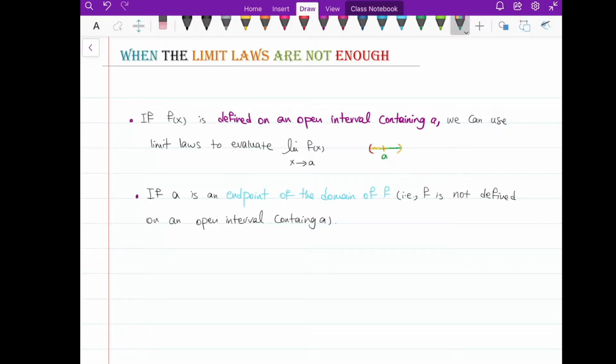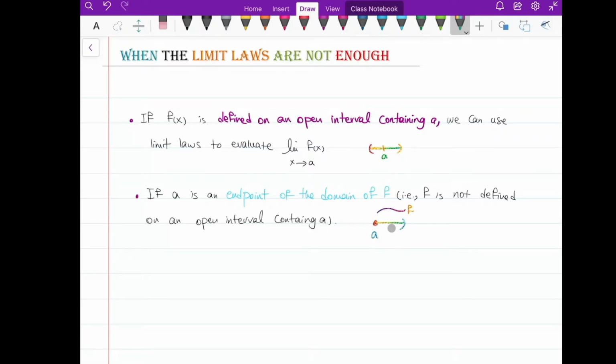So what is the situation? I have the point a, and then the rest of the domain. So the point a is basically an endpoint of the domain of f.